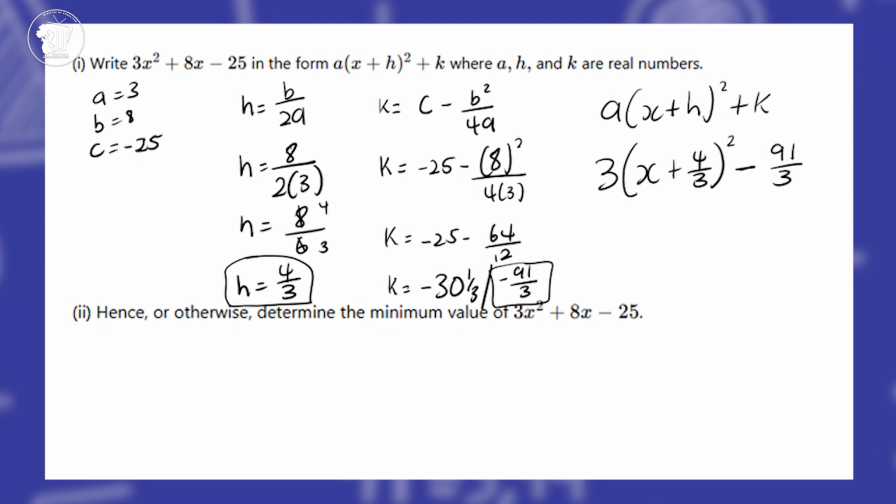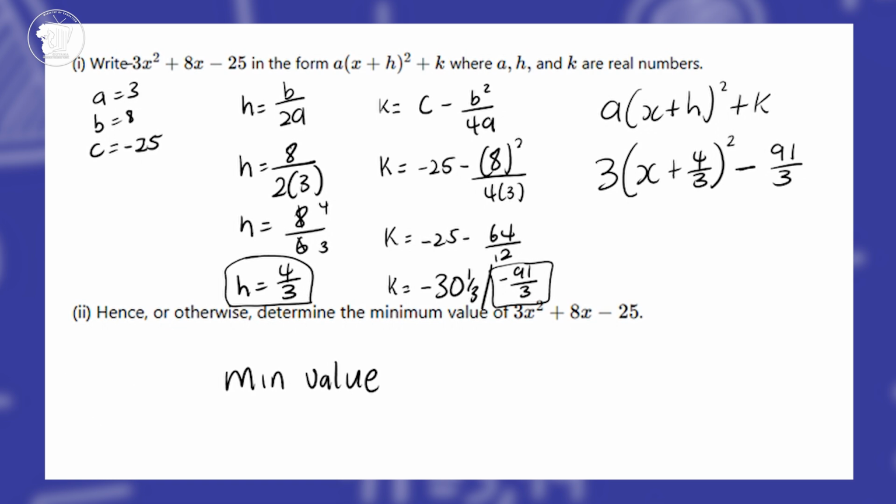3x squared plus 8x minus 25. We can use what we just found to find the minimum or maximum value. The minimum value for this graph would be found here. Since the x squared term was a positive one, the graph will have a minimum, meaning it will open up like this.